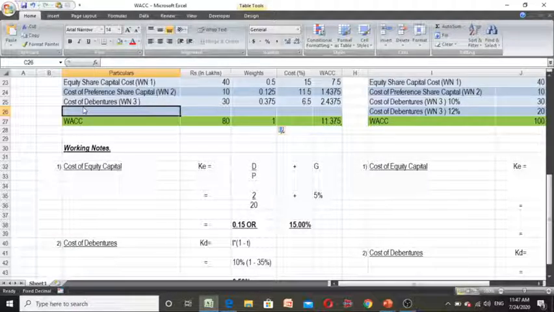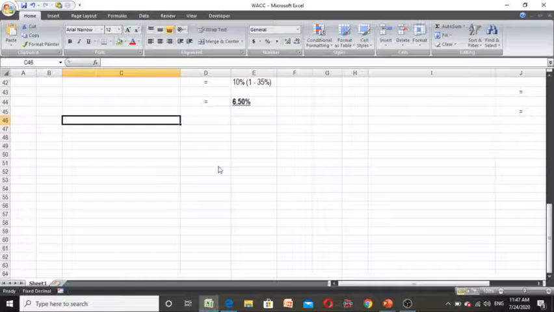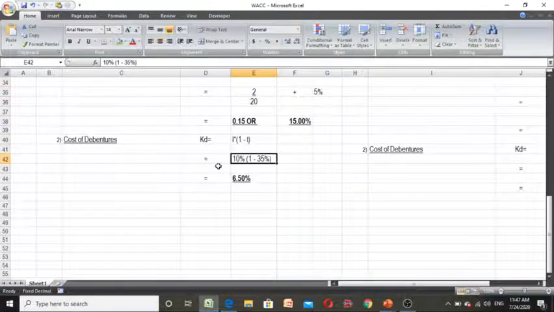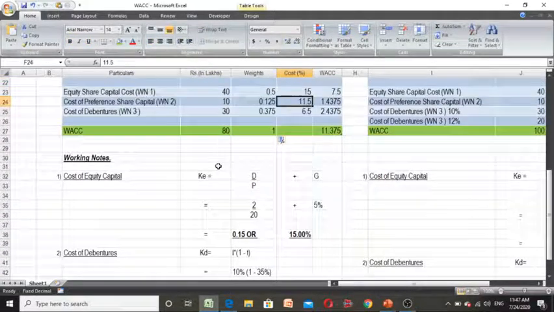So the interest that the debenture holders are going to get is 10%, which means in place of this I, we'll substitute the value of I as 10%, and the tax rate given to us in the question here, look at my cursor, yeah, it is given as 35%. So just substitute those values and get the final answer. Okay, so 10% into 1 minus 35% comes out to be 6.50%. Okay, so what I do is I pick this 6.50% and go and paste it over here.